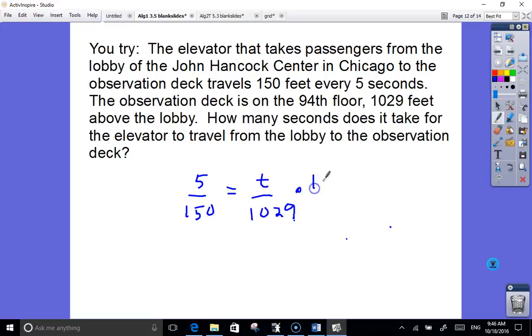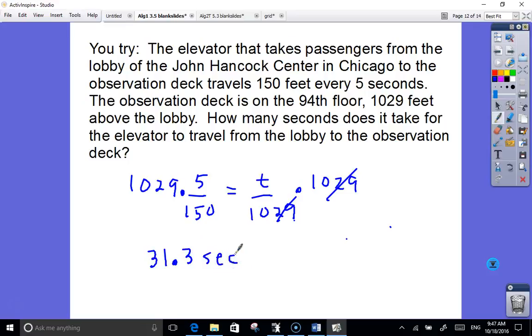Multiply by 1,029. Right? These cancel. And then you have to put all that in the calculator. And what did you get? Should be a decimal of some kind. So you're getting 31.3 seconds.